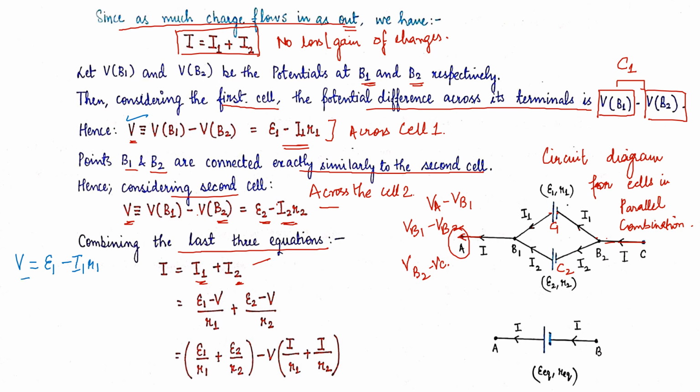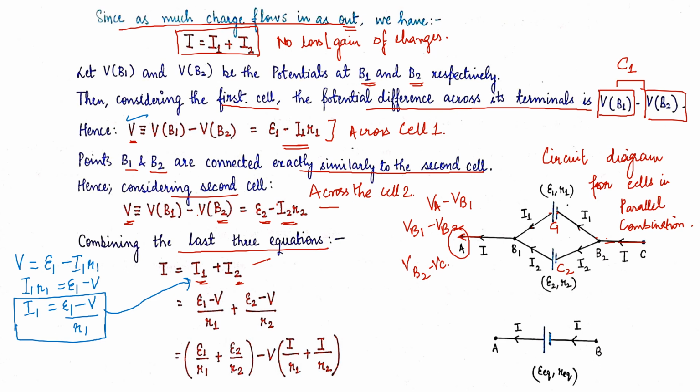So I1 R1 equals epsilon 1 minus V, then I1 equals epsilon 1 minus V upon R1. This is the formula for I1 which is being substituted in this equation here.